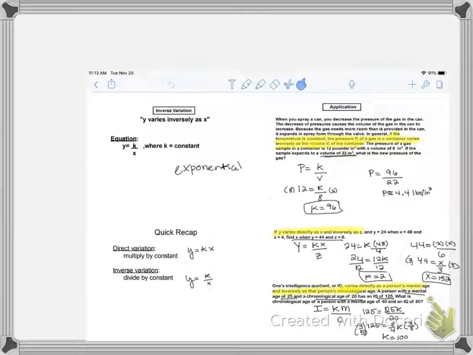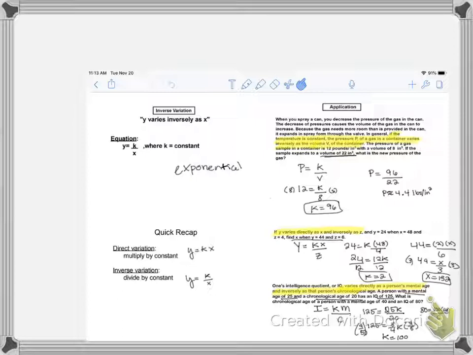So using this information, what is the chronological age of a person with a mental age of 40 and an IQ of 80? So I can plug that in. So 80 equals 100 times 40 over C. We don't know the chronological age.